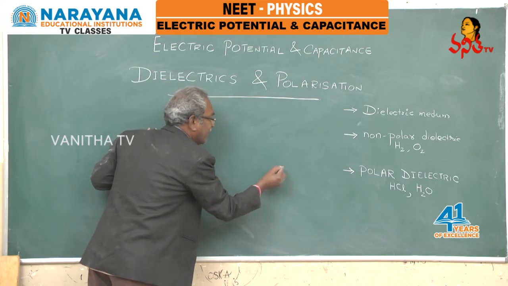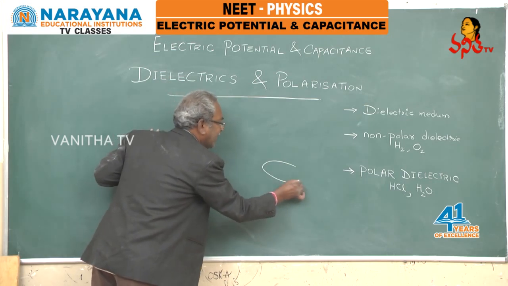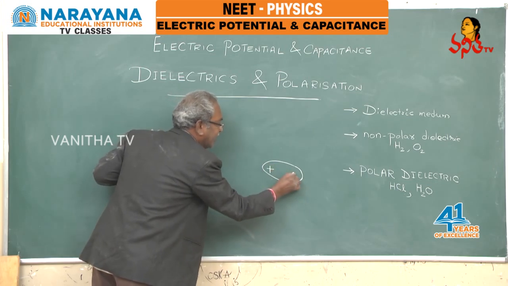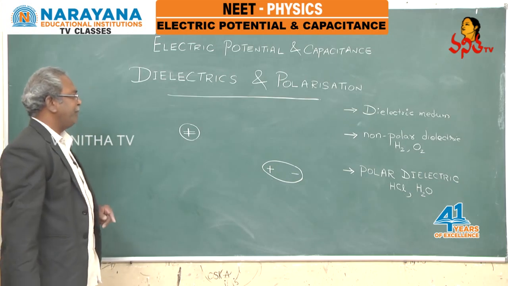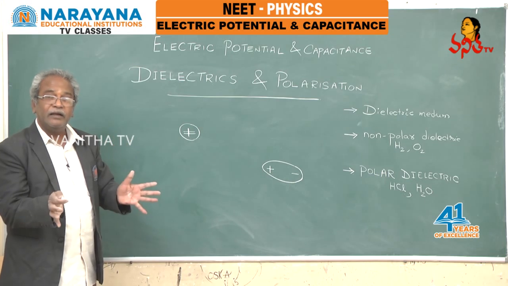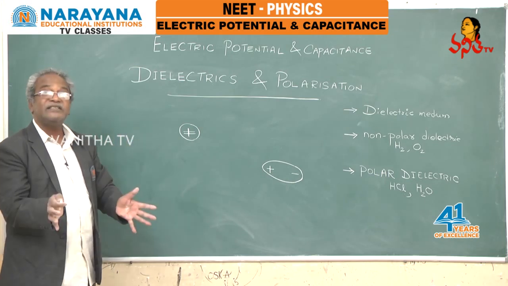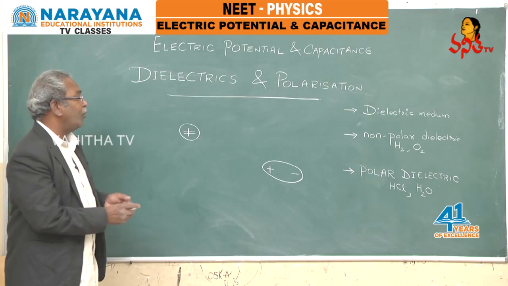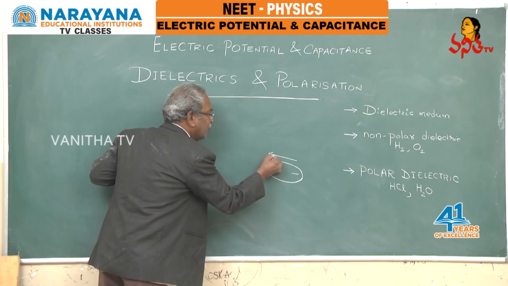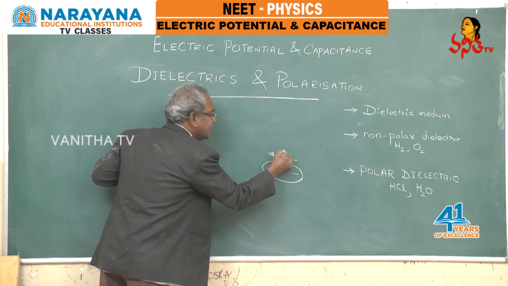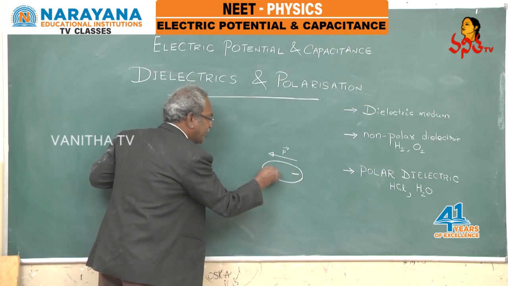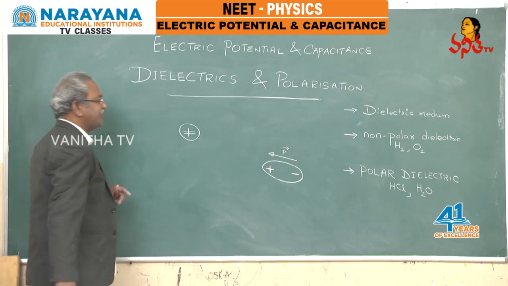The molecule will be like this, with positive charge concentration here and negative charge concentration here. That type of molecule with an inbuilt intrinsic electrostatic dipole moment is called a polar dielectric molecule. Intrinsically, this is the direction of dipole moment, from negative charge concentration to positive charge concentration.